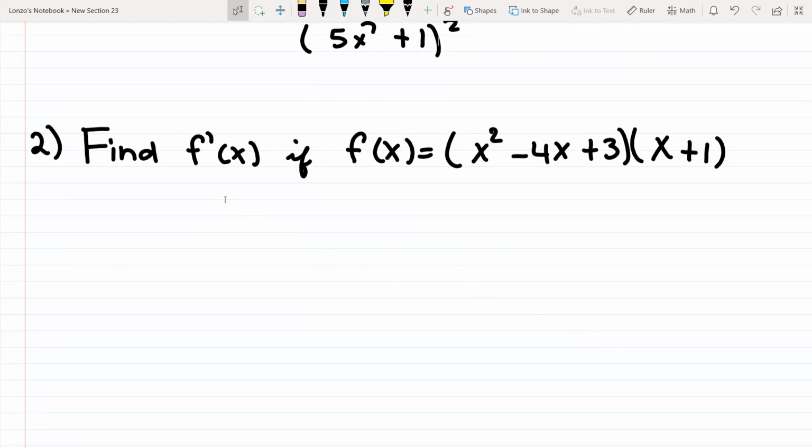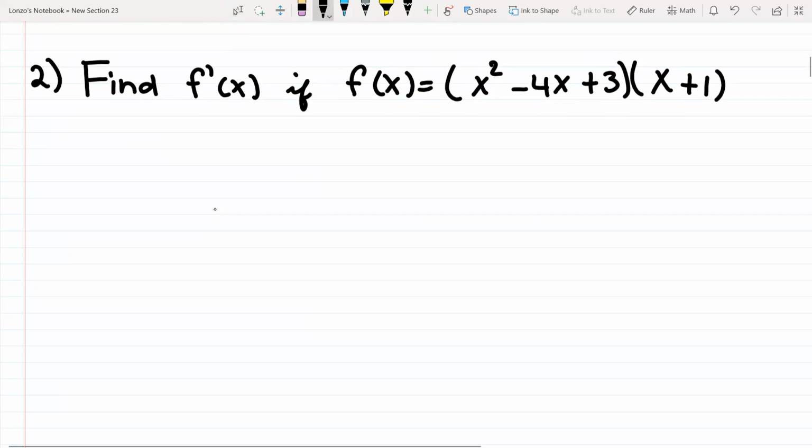Okay, on 2 it says find f prime of x if f of x equals x squared minus 4x plus 3 times x plus 1. How are we going to find f prime of x? We're going to use the product rule. If you recall, the product rule is f prime of g plus g prime of f.